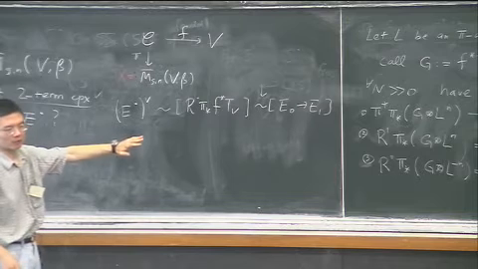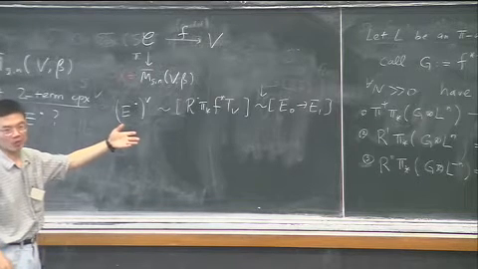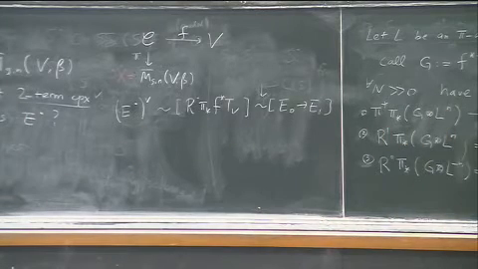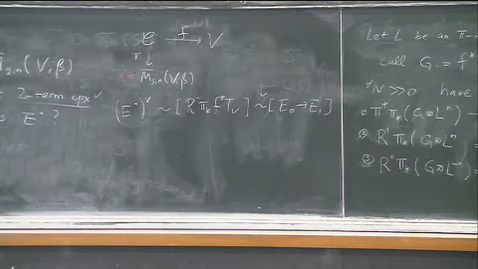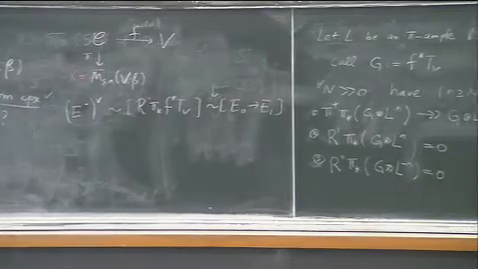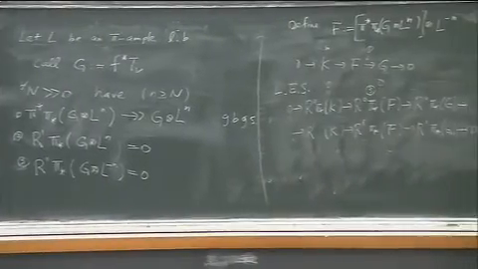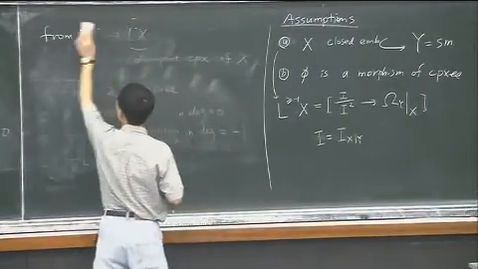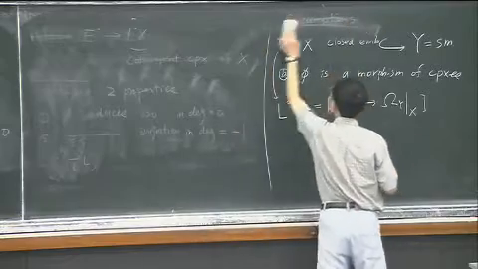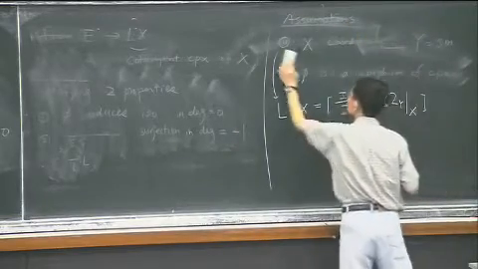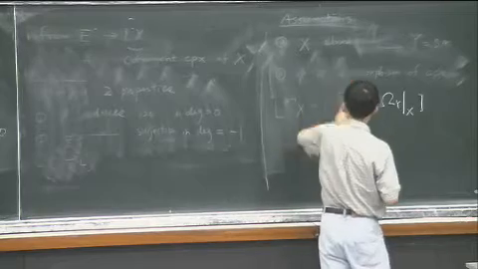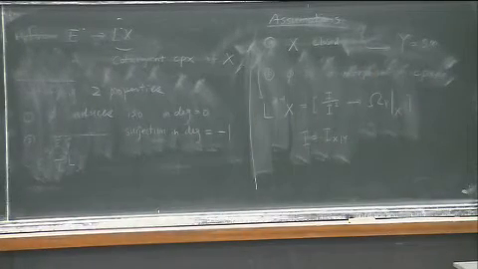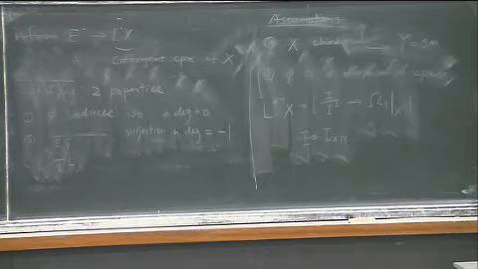So that's the two-term complex we found. Okay. So how do I construct this virtual class, which I'm going to be a little sketchy about. So usually what we do here is not to construct this absolute virtual perfect obstruction theory, but to do it fiber over a fixed curve. So we'll construct a perfect obstruction theory fiber-wise with a fixed curve.